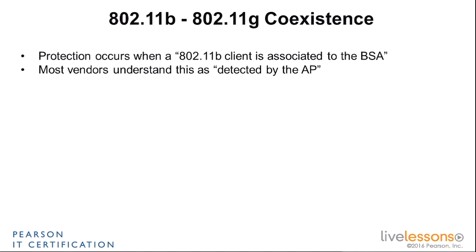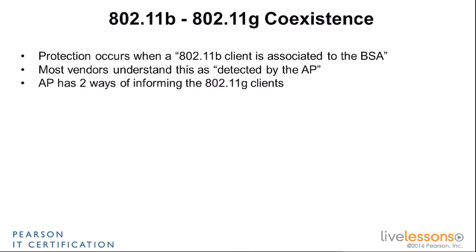Really associated, like having an association ID to the access point, etc., or just there? Because if that client is just there, even if it's not associated yet, it may be sending traffic, probe requests, etc. So we need to protect as soon as we detect that device. Associated means just being present, not necessarily associated to the access point. So most vendors have an extended understanding of what associated is supposed to be.